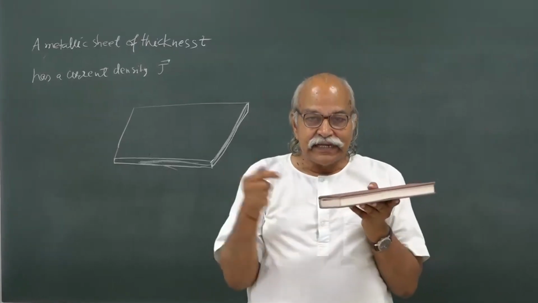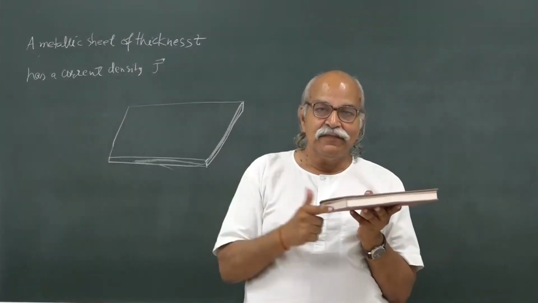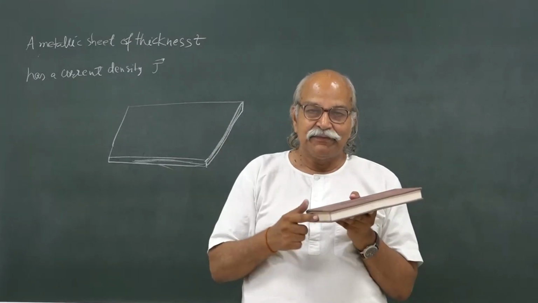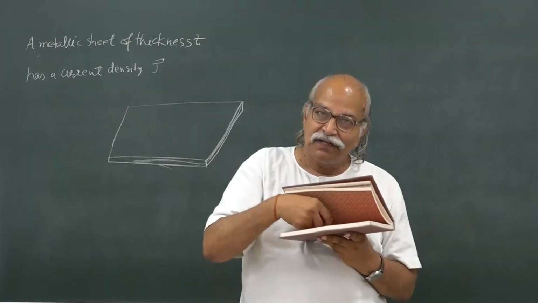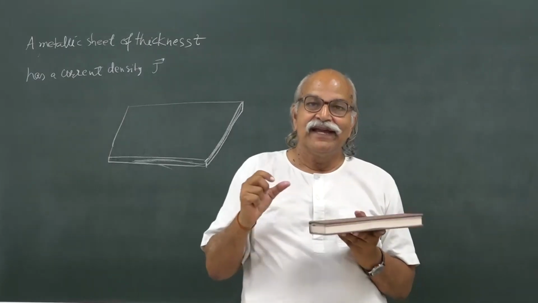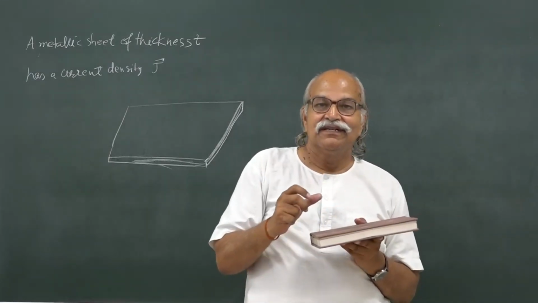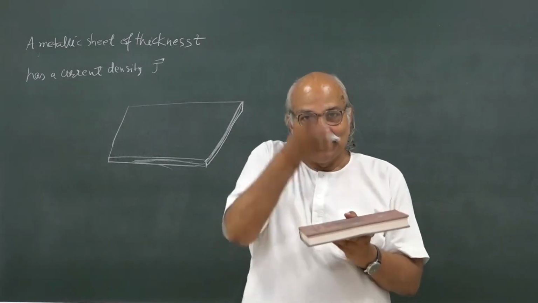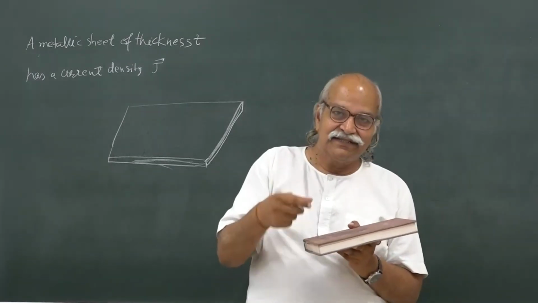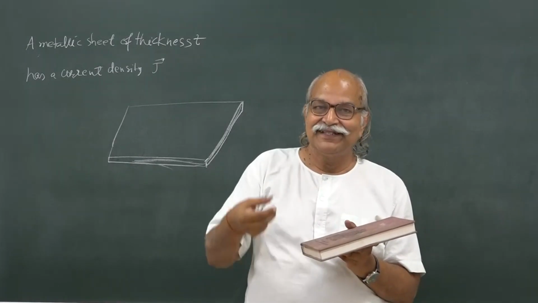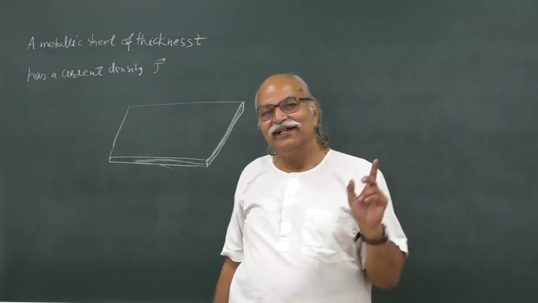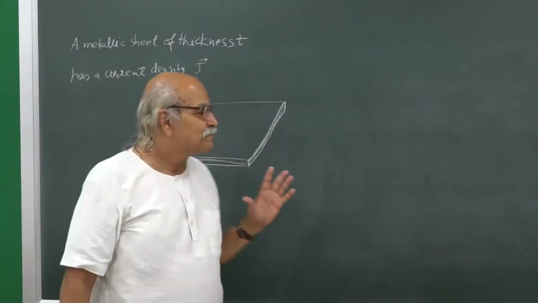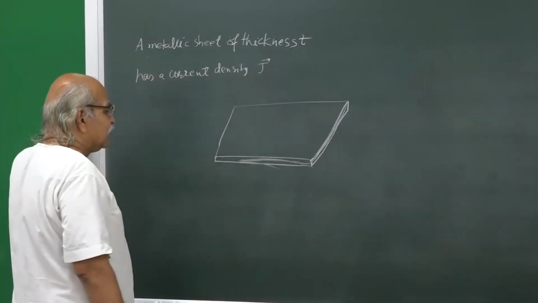So, there is a volume current density J. That means, inside the sheet somewhere you take some small volume element d-tau and see how much is the current there. So, you make a small cross section, then see how much charge is going from this side to that side, divide by that area and get that J. So, it is like that.